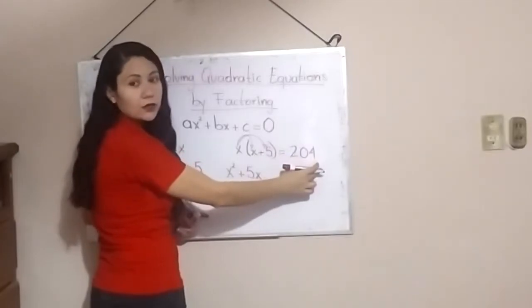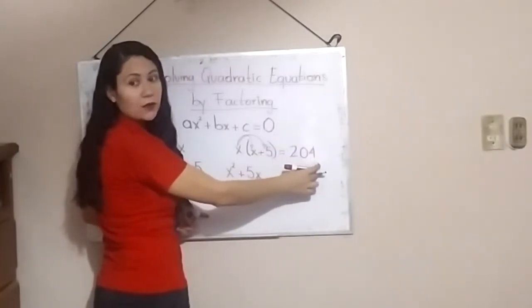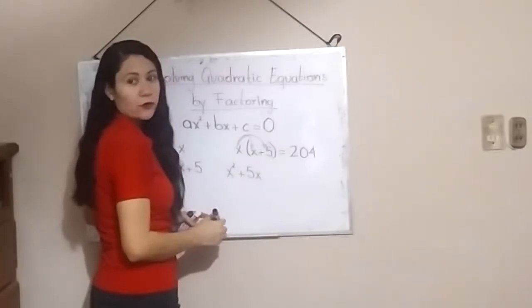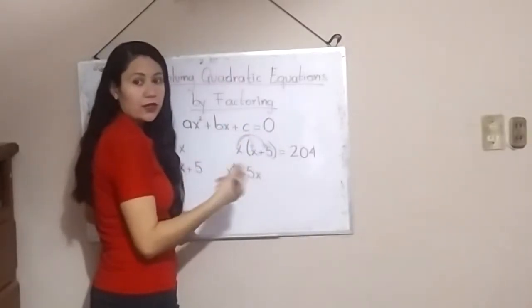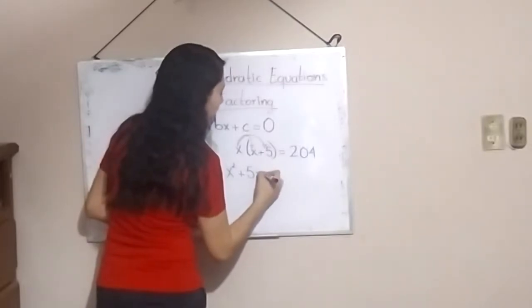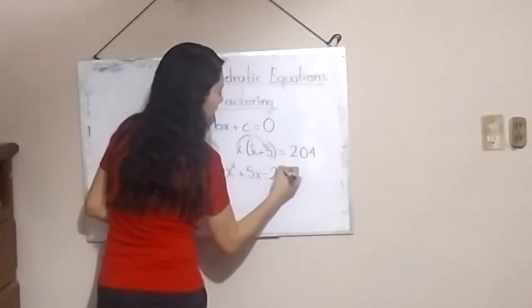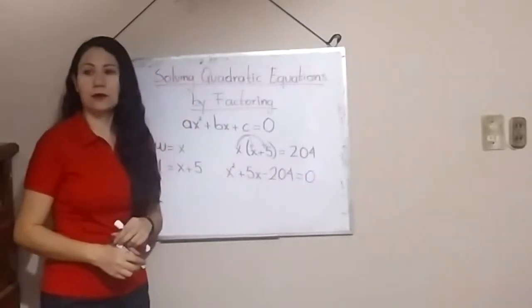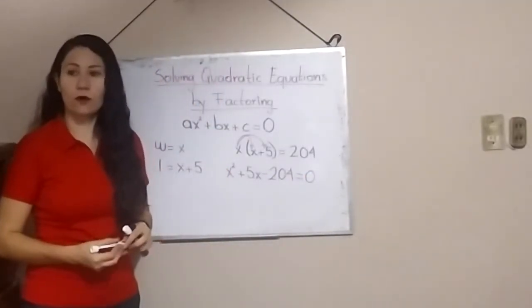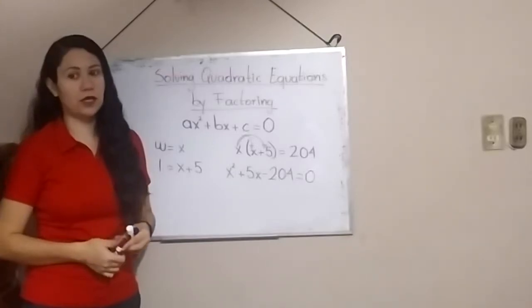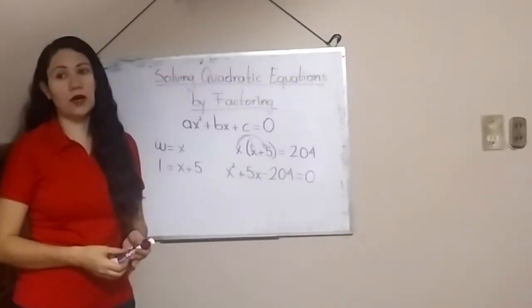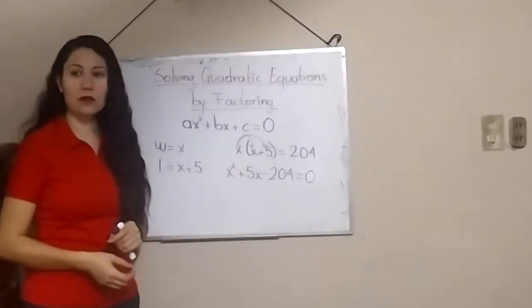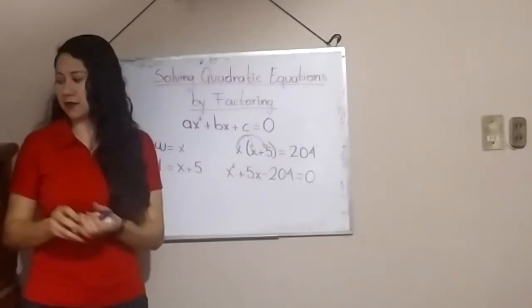And how do we get these to be equal to 0? By moving the 204 to the other side with the opposite operation, which would be a subtraction. And now we have the correct form of the quadratic equation, and we can now factor it to find the values for x.